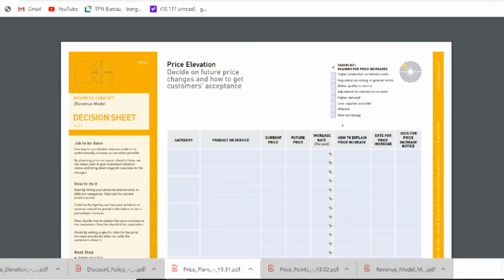Now, also you look at your high production and delivery cost. Obviously, if it was costing you 3 rand to produce 500 ml of water, and all of a sudden, you wake up and it costs you 5 rand, you cannot continue to sell it at the old price. You must then increase because your production cost has gone high.